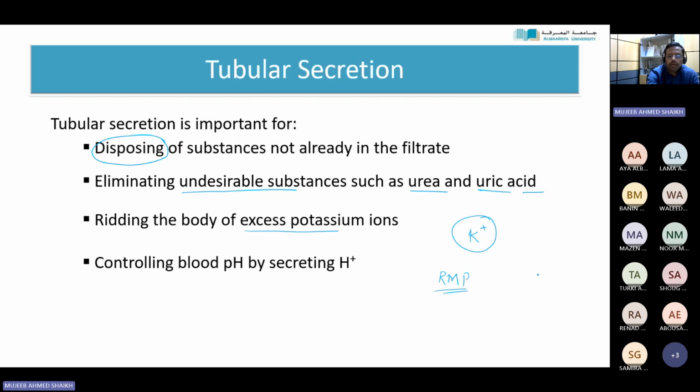But if you remember, potassium is present in intracellular fluid, and it is also present in extracellular fluid, or you can say plasma. But the quantity of potassium is maximum inside and minimum outside.